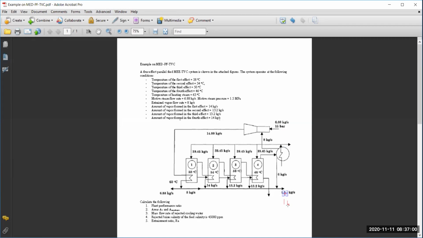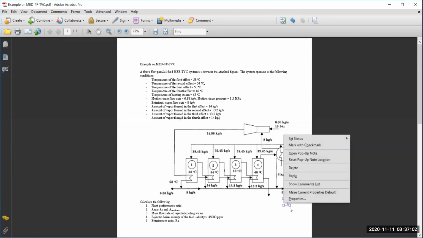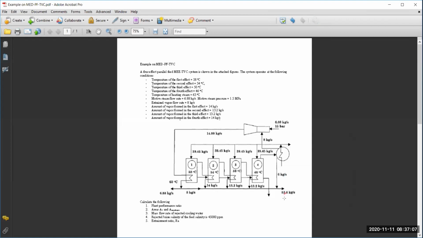Sorry, it's 55.4, I'm mistaken. So this is basically the kind of the layout for the problem.